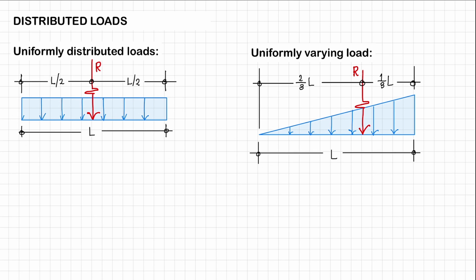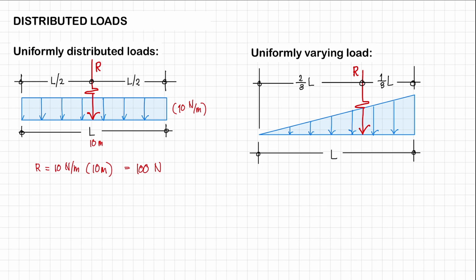So to solve for the resultant, let's just solve for its area. Let's say this uniformly distributed load has a magnitude of 10 newtons per meter, and the length is 10 meters. So for its magnitude, we have 10 newtons per meter times 10 meters, and that is equal to 100 newtons.